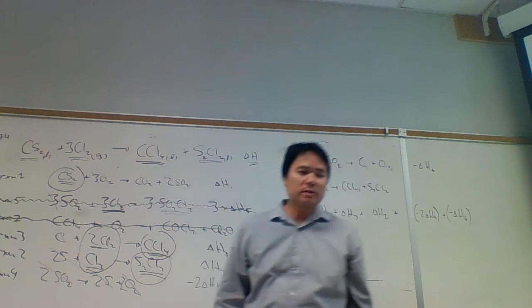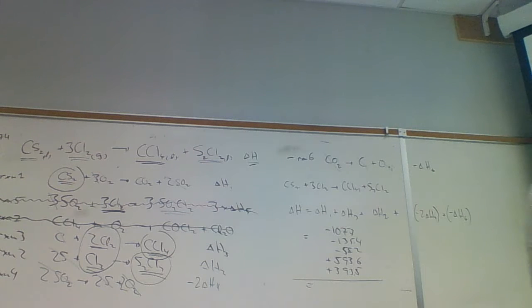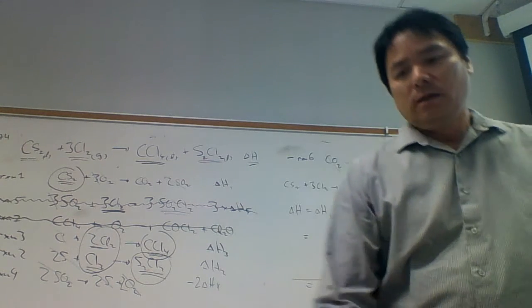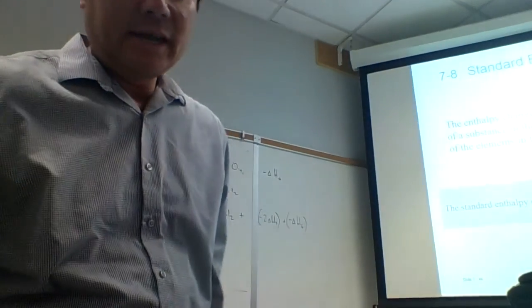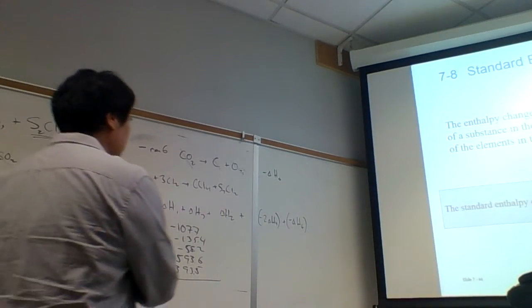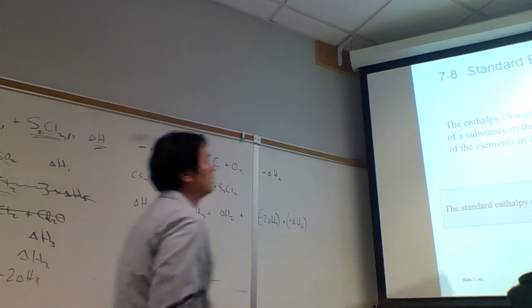But if we restrict ourselves to one type of reaction, then Hess's law becomes extremely easy. And the type of reaction, if we restrict ourselves to only formation reactions, then this is hard by comparison. This is way harder than this.